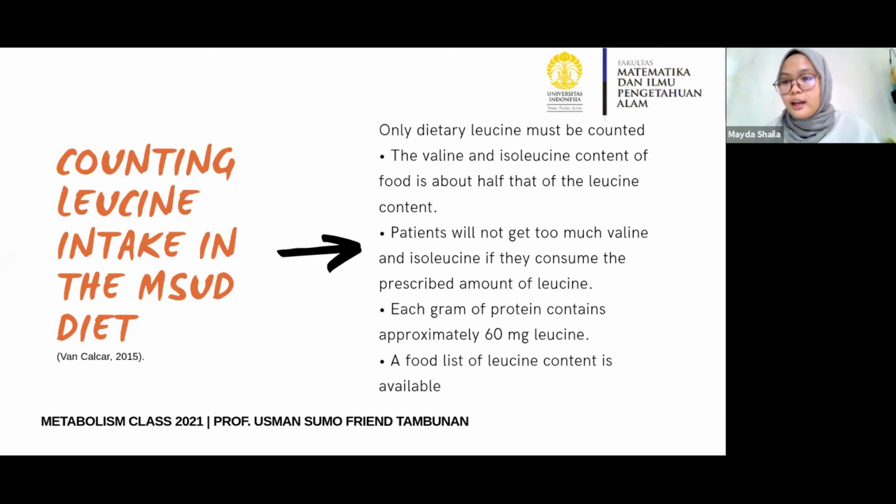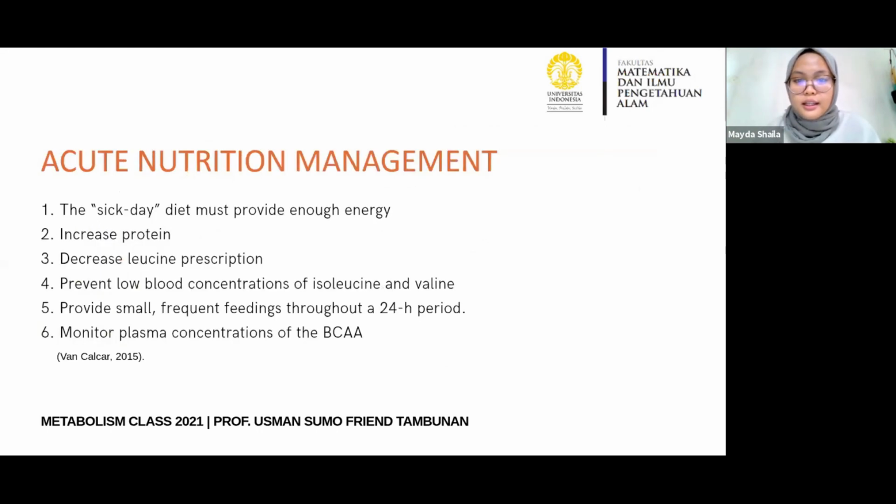The valine and isoleucine content of food is about half of the leucine content, and patients will not get too much valine and isoleucine if they consume the prescribed amount of leucine. Each gram of protein contains approximately 60 milligrams of leucine, and a food list of leucine content is available. Next.